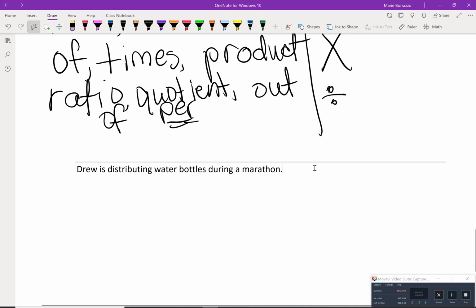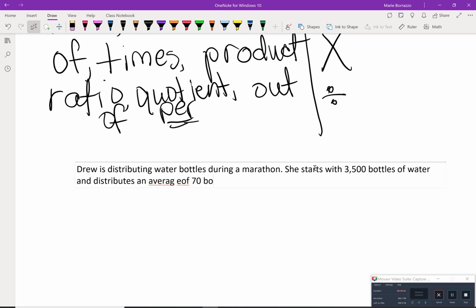Okay, she starts with 3,500 bottles of water and distributes an average of 70 bottles each hour. Sorry about the typo. I don't like typos.